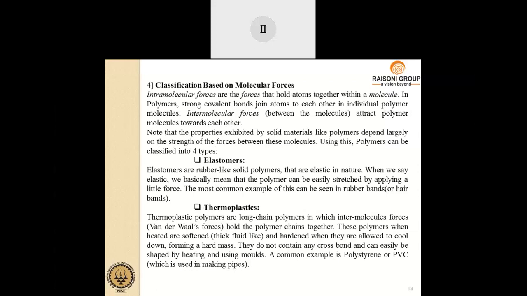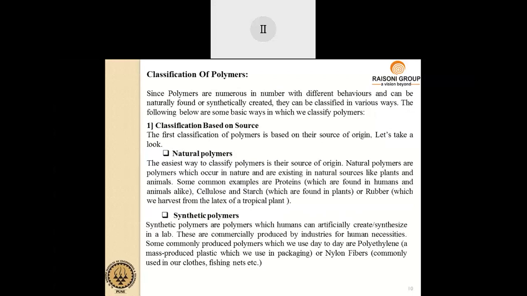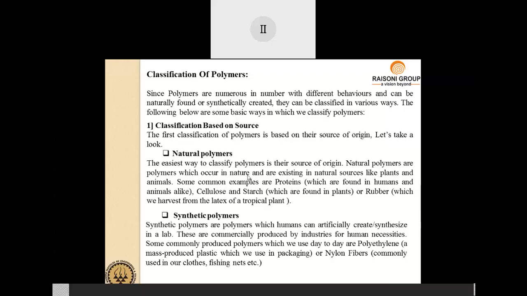These four categorized ways we can classify our polymers. So first, classification based on source.